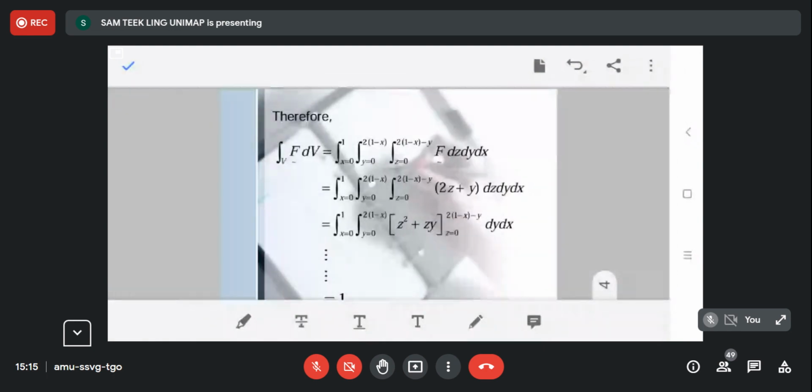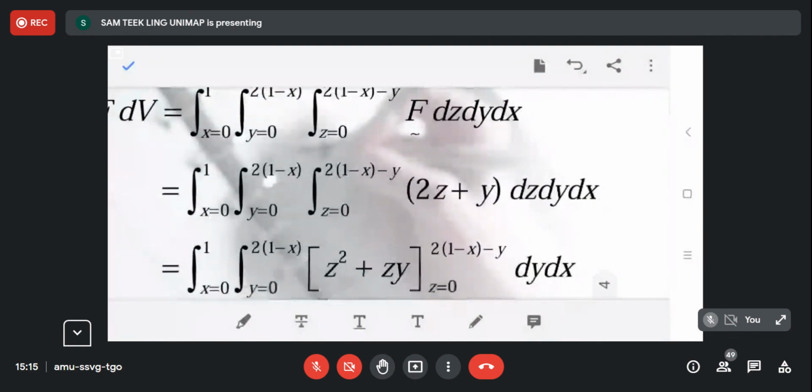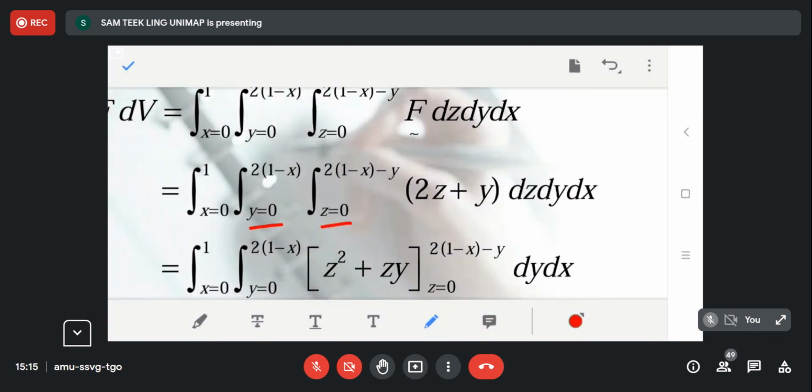So you put inside x, y, z. You can see your z limit has 2 variables, x and y. Then your y limit has 1 variable. So the last one must be a value.